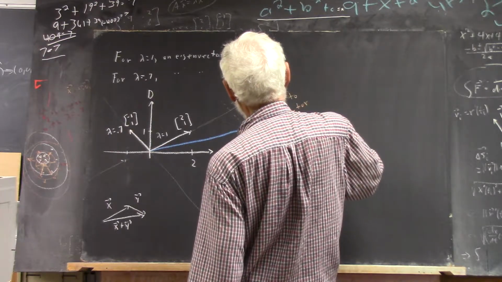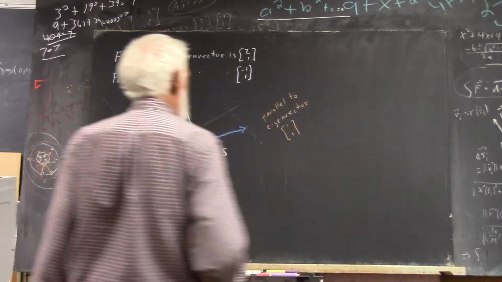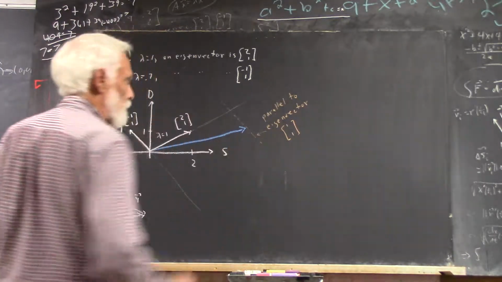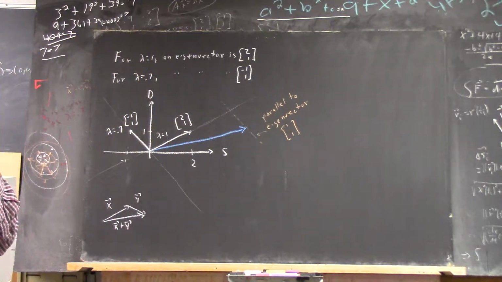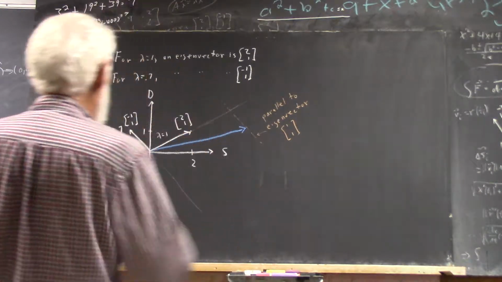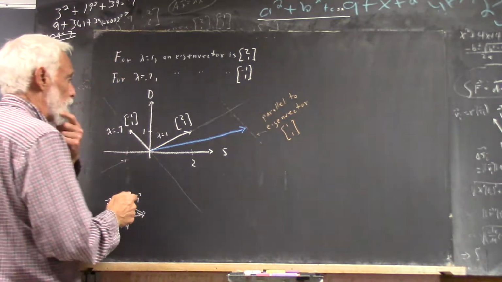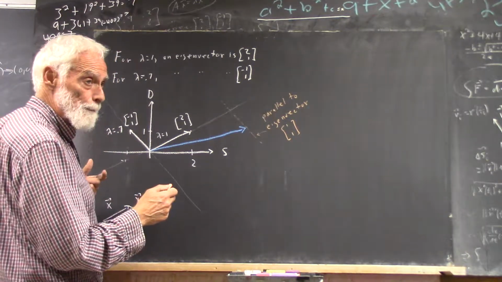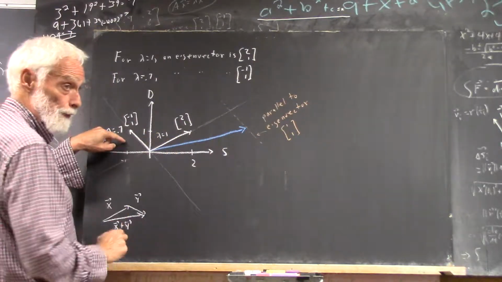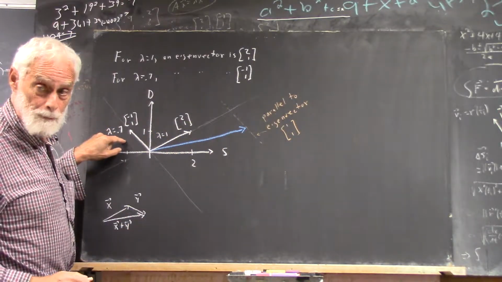Okay? Okay, so parallel the eigenvector 1, 1. This dotted line is parallel to the eigenvector 1, 1. It's a little bit off, but get the idea, okay? And it's not at a right angle to this vector, because this isn't at a right angle to this vector. Okay?